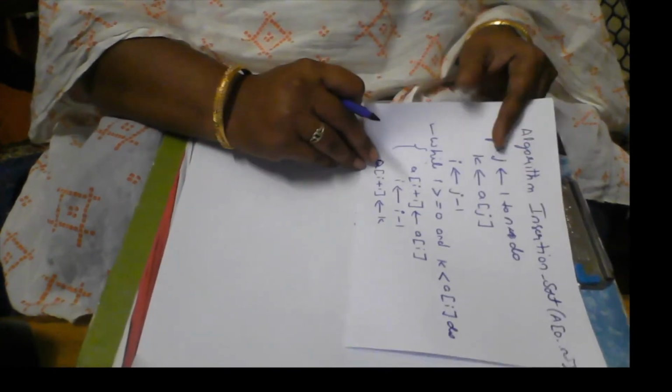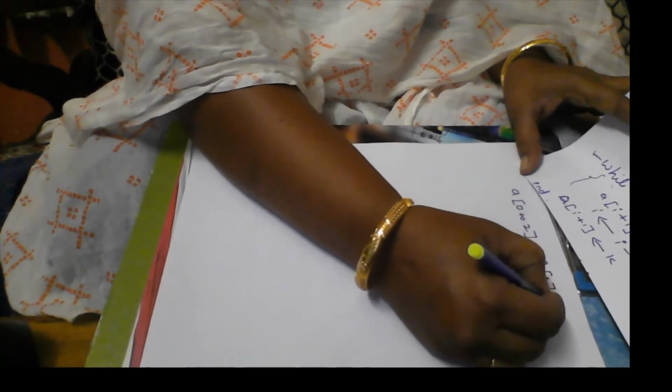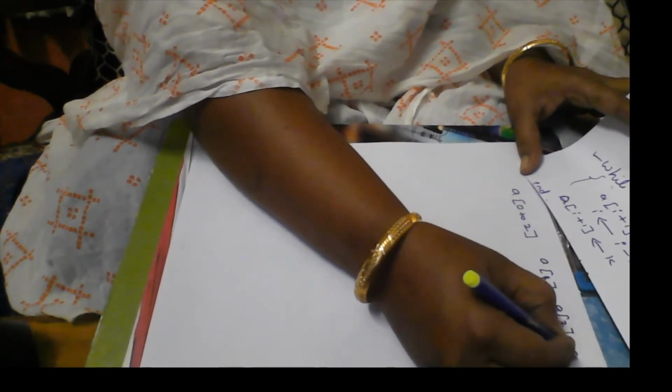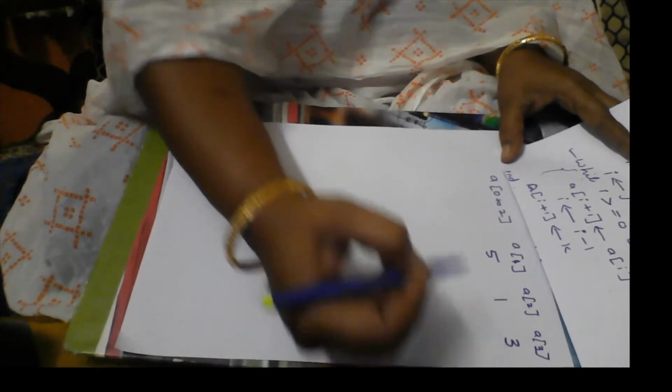So let me consider an example. I have taken an array with index 0 to 2, that means A of 1, A of 2 and A of 3, and the elements are 5, 1, 3.